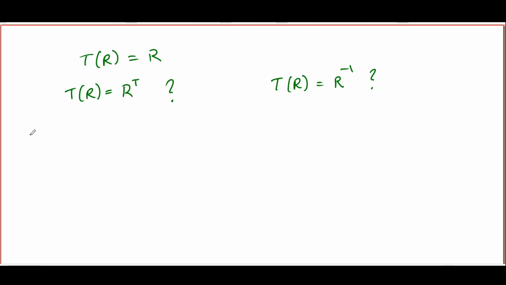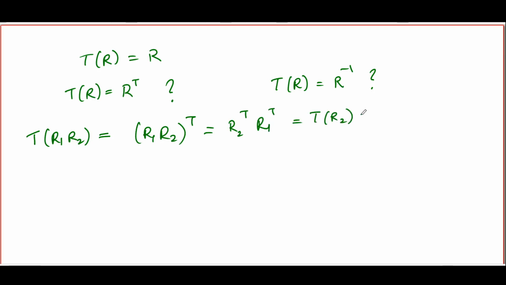Well, remember our basic demand. T of R1, R2 has to be T of R1 times T of R2. Now T of R1, R2, if T of R were R transpose, would be R1, R2's transpose. And that, as we all know, is R2 transpose R1 transpose. And that is equal to T of R2 times T of R1.